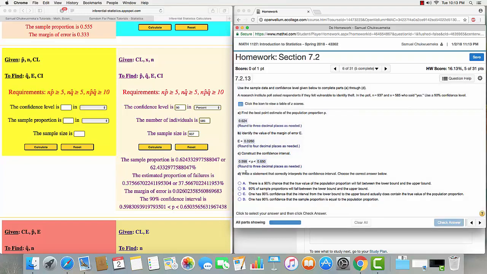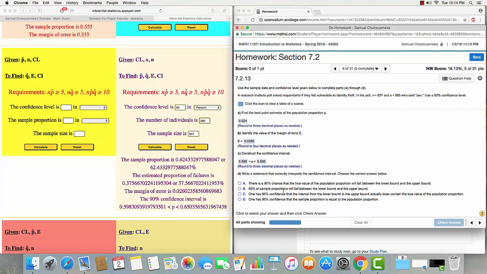Write a statement that correctly interprets the confidence interval. So we are 90% confident that this confidence interval contains the actual value of the population proportion. A, there is a 90% chance that the sample... No, it is not it.